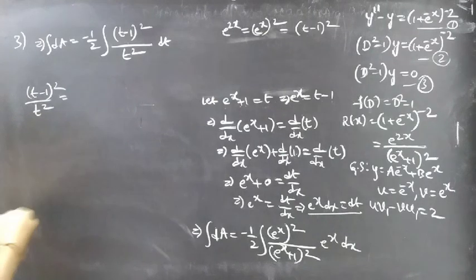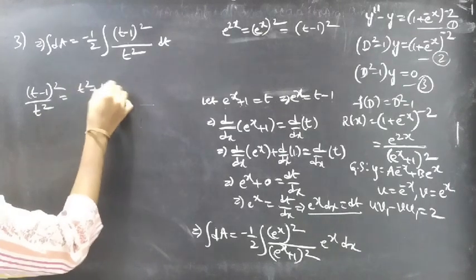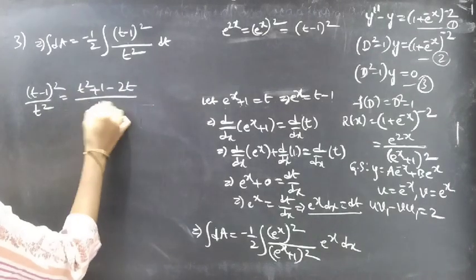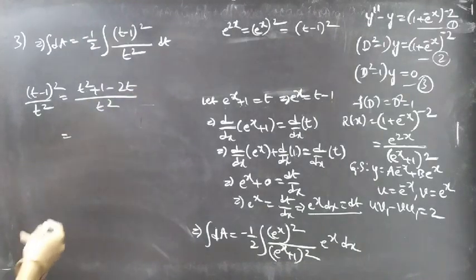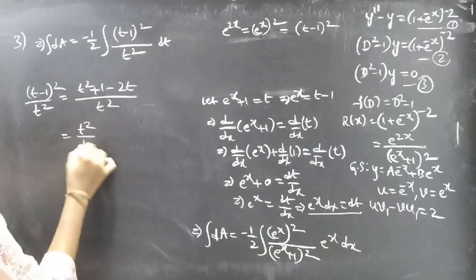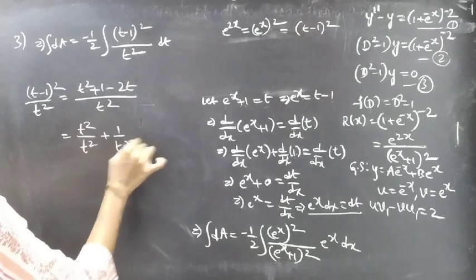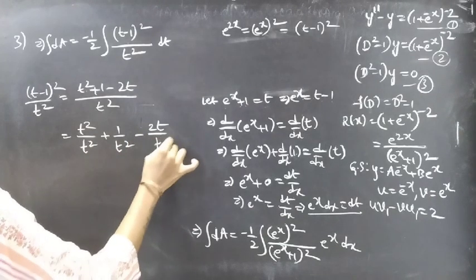We can write it as t square plus 1 minus 2t by t square. Since we are having 3 terms in the numerator and 1 term in the denominator, we can split this into 3 terms. We'll get t square by t square plus 1 by t square minus 2t by t square.